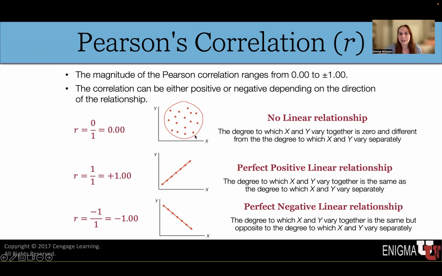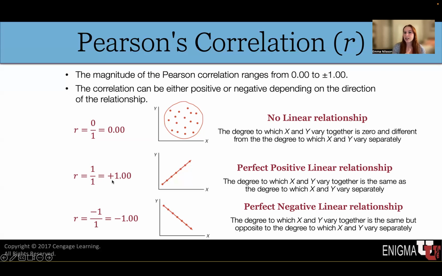Some examples of this are here. This obviously has no linear relationship. There's no pattern to the way these points are forming, so Pearson's R is going to be 0. The degree to which X and Y vary together is 0, and different from the degree to which they vary separately. A perfect positive linear relationship is going to be represented by positive 1.